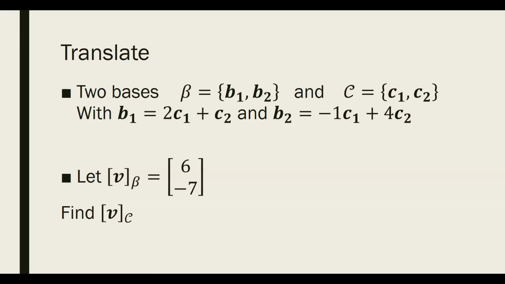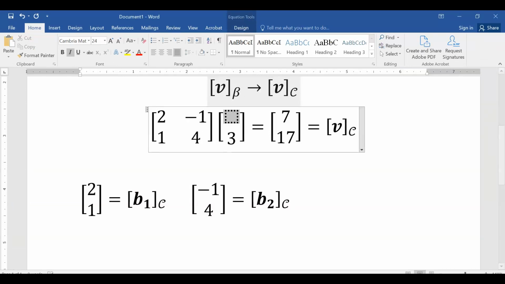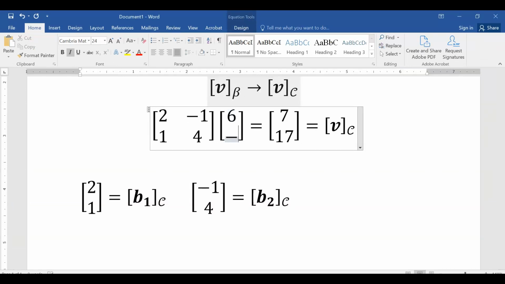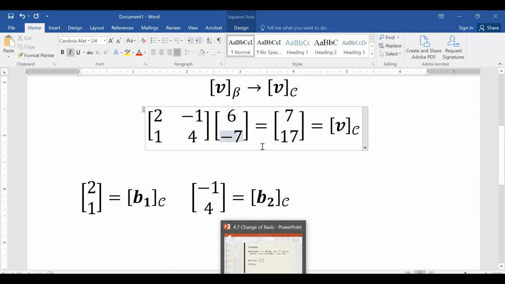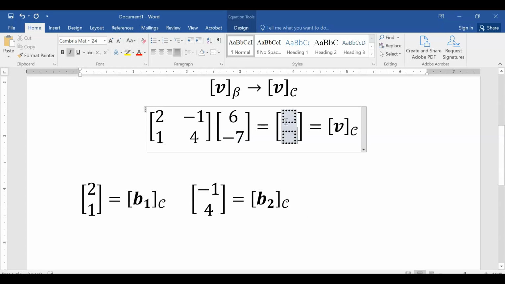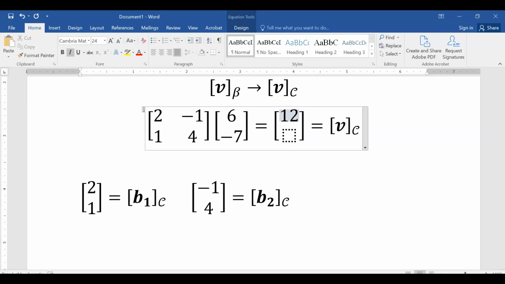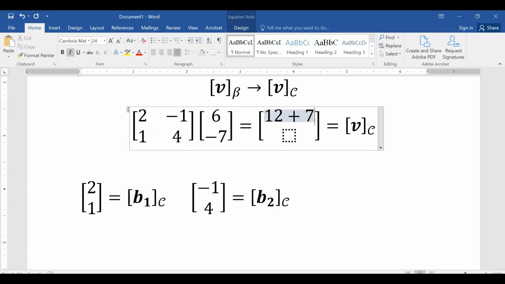All right, hopefully you did that. All we have to do here is say we want to go from B to C again. So we start with the B coordinate vector, 6, -7. And if we're going this way, all we have to do is multiply. So 2 times 6 is 12, plus -1 times -7 is a +7.